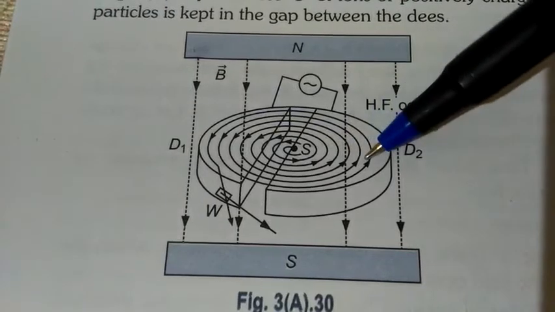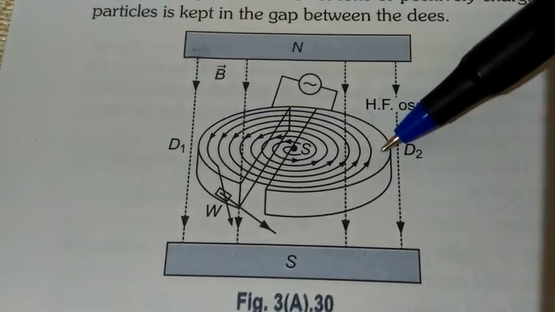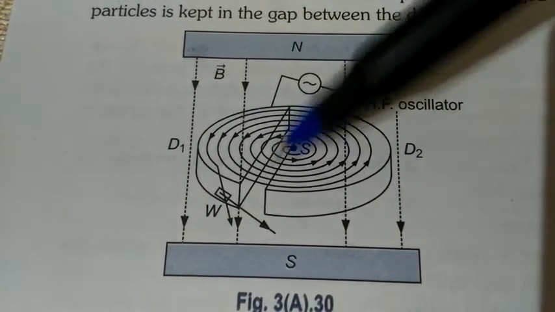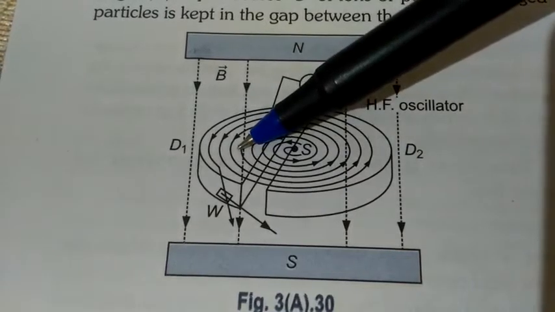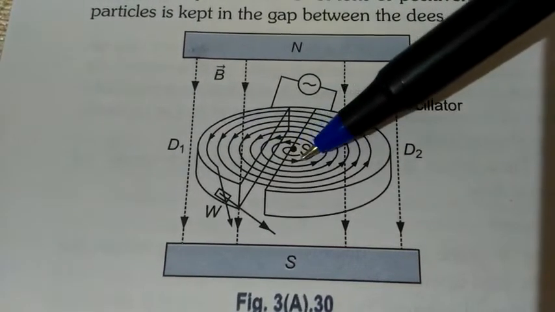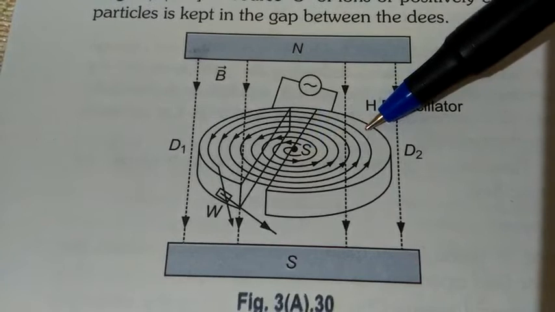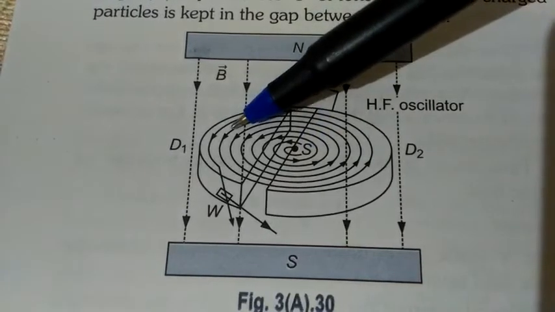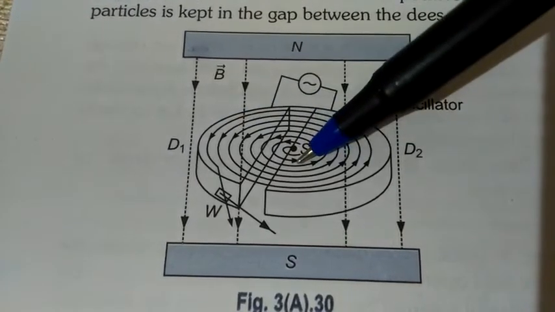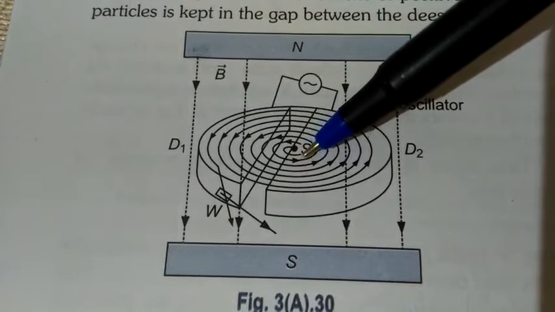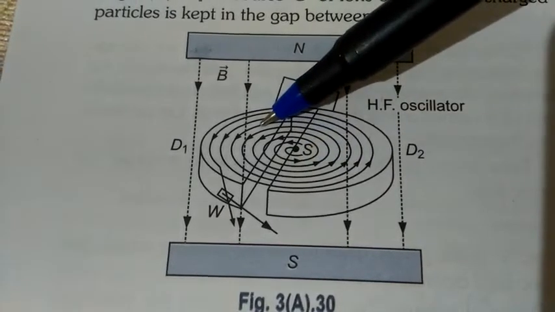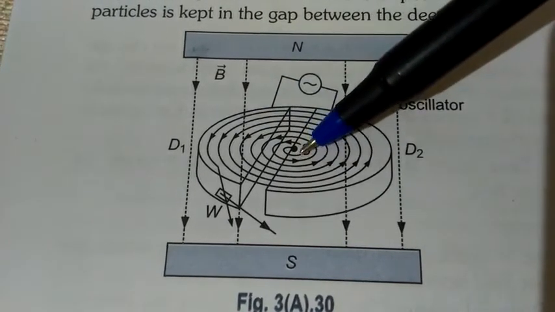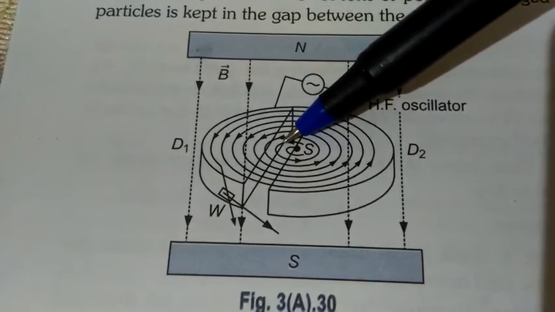Now in second half, D2 becomes positive and D1 becomes negative. So now the particle gets attracted towards D1, and starts moving towards D1.